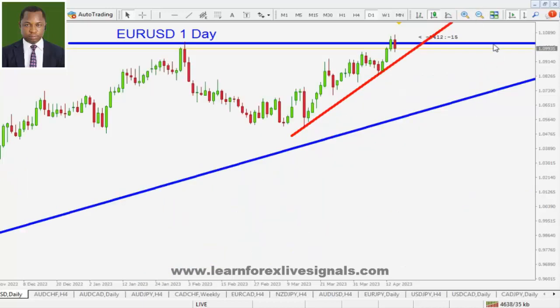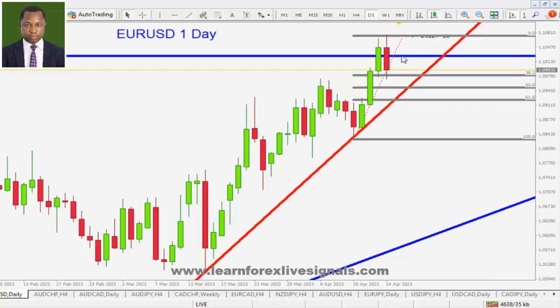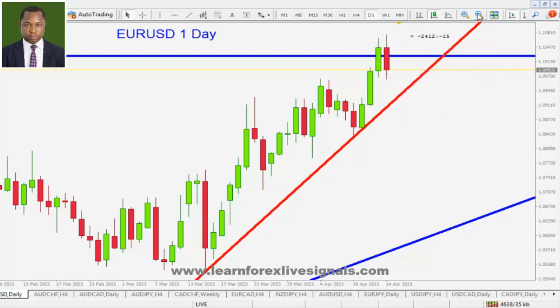Ordinarily I would have taken this trade, but for these reasons, and if you take your Fibonacci retracement tool from that low to that high, you will see that the three key zone areas are also around this area. There are just too many problematic zones there, so I am not going to be going short right now.